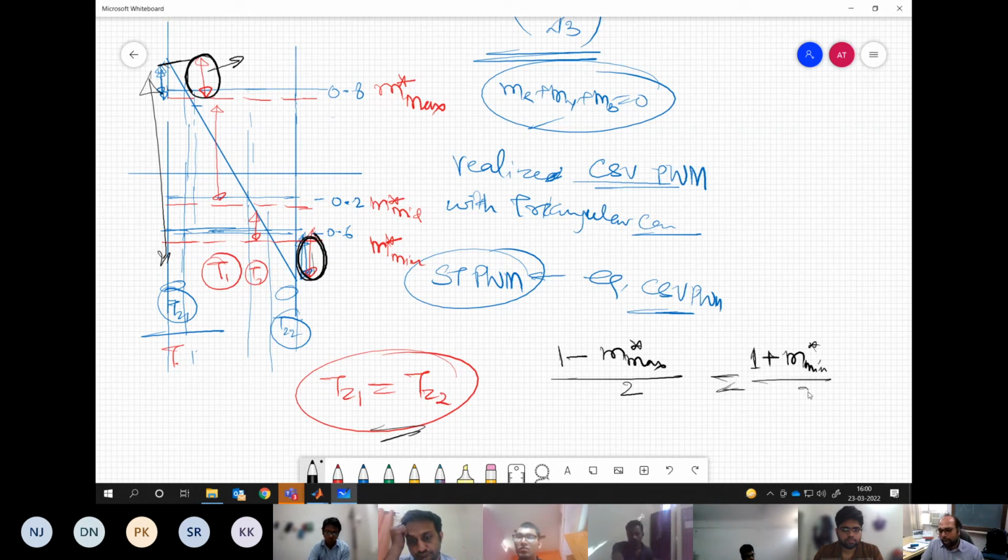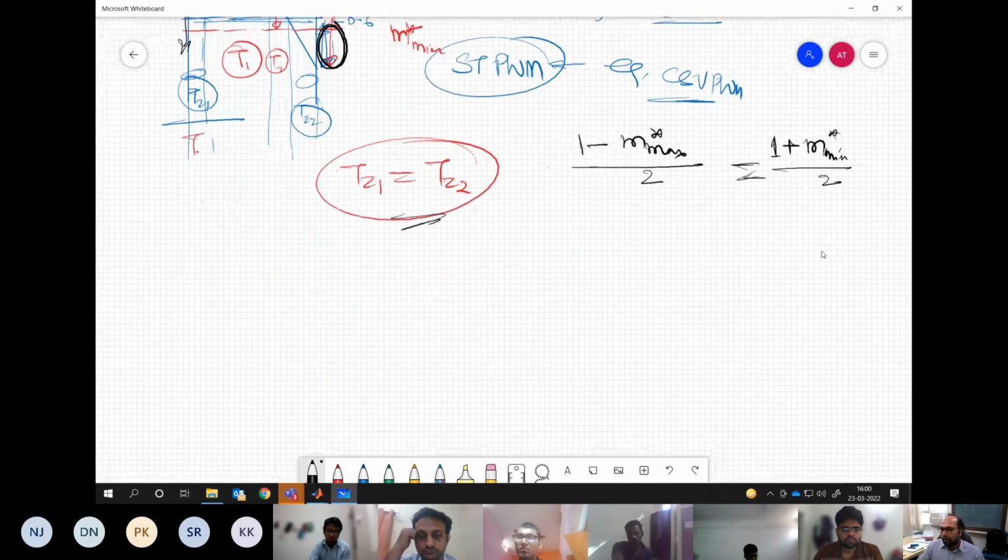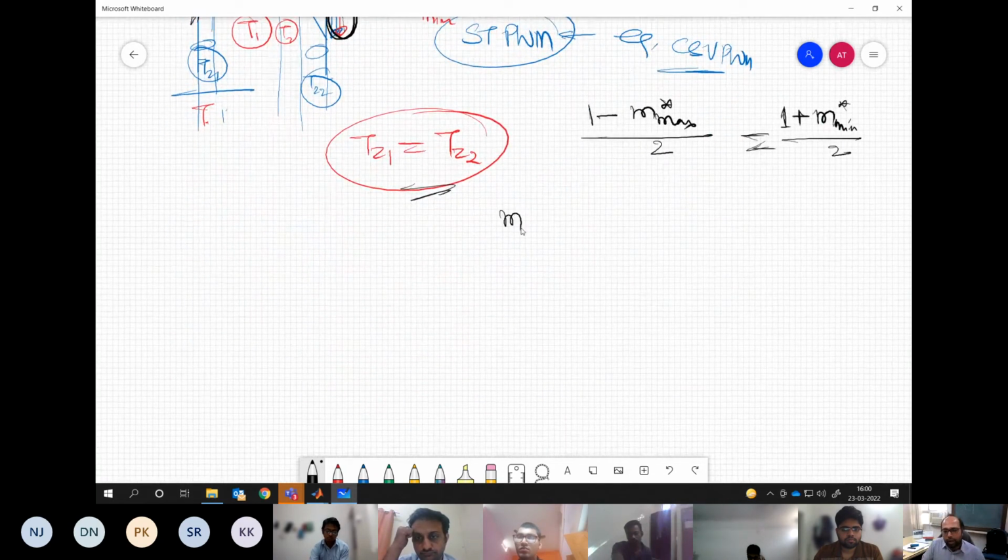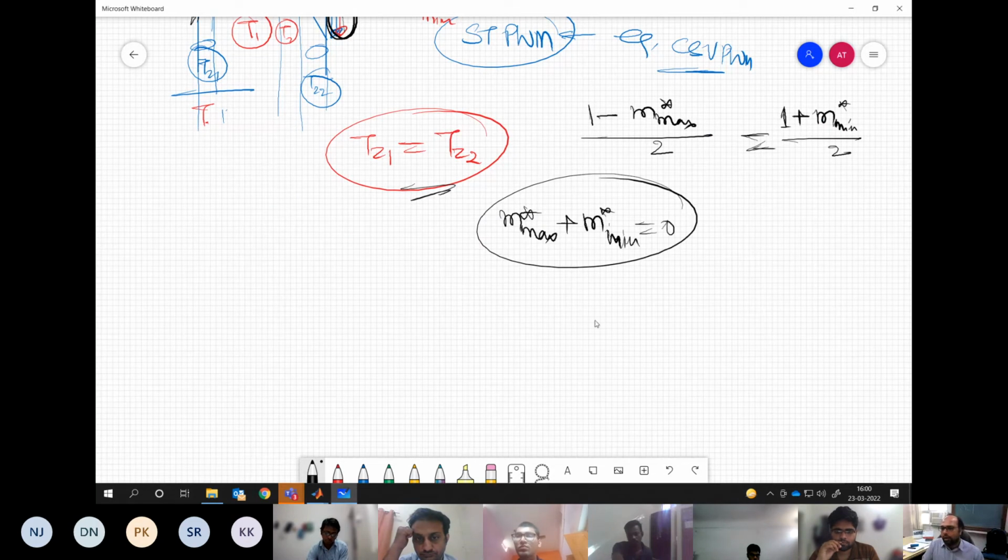Again, the ratio of the total height. These two ratios we are trying to equate, which means we are trying to have M max star plus M min star equal to 0. This is the ultimate purpose, making both the heights equal.